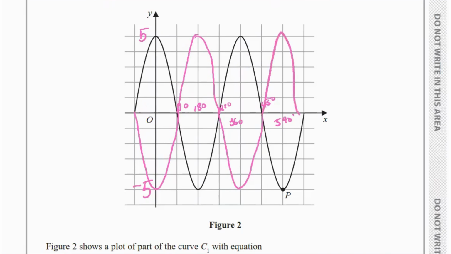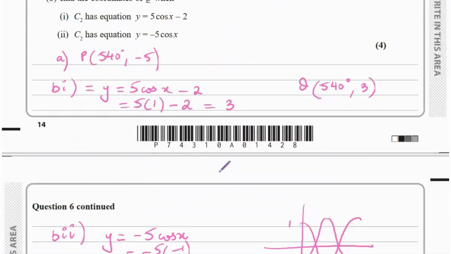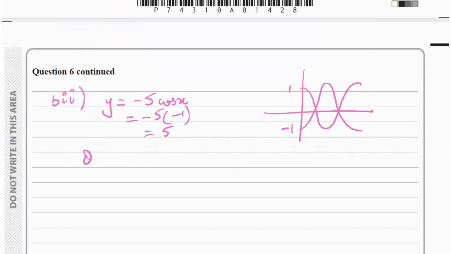Okay, this is y equals -5 cos x. It's reflected in the x-axis. So now the smallest x value is going to be 180 because this is our point Q. Y value is 5, so the smallest x value for y value being 5, where x is greater than 0, is 180 degrees. So Q is going to be 180 and 5. That is your answer.